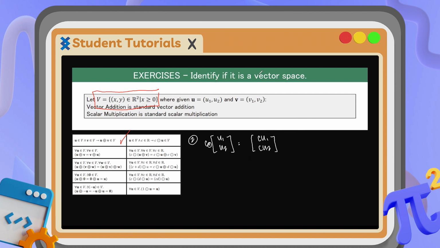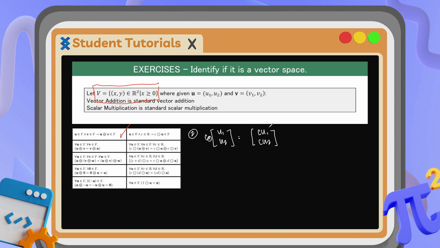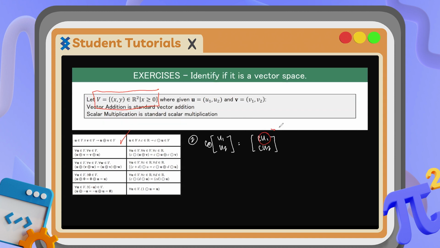We then investigate the properties of the result. u sub 1 is greater than or equal to 0, and u sub 2 is part of the real numbers. However, observe that c, our scalar, is any real number, meaning c can be positive, negative, or even 0.